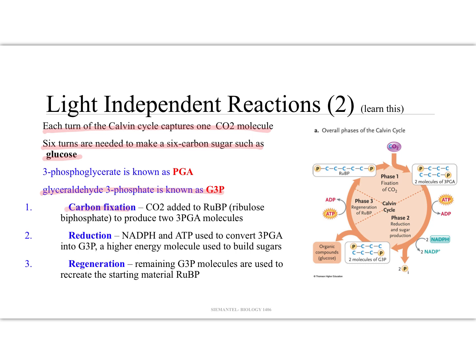Carbon fixation is where carbon dioxide is added to a starting material called RuBP, and that allows us to produce 2 molecules of 3-phosphoglycerate, okay? And to be honest, you don't have to know all of the specific names, so I'm pointing out the ones that I do care about you knowing. Like you must know rubisco, you must know RuBP, okay?